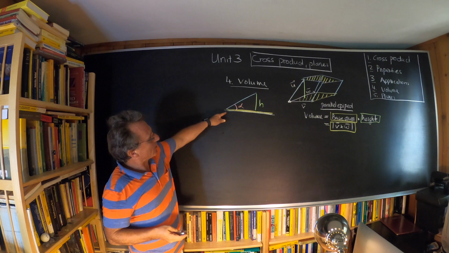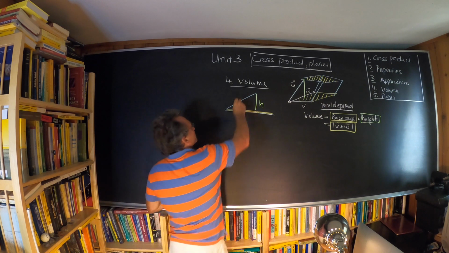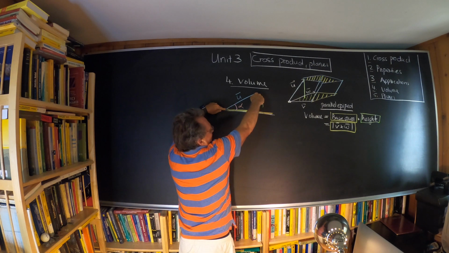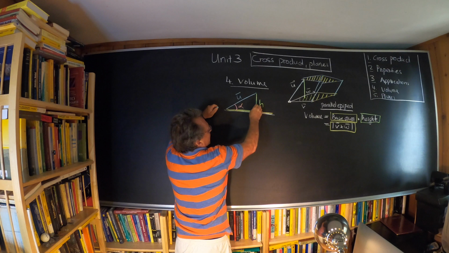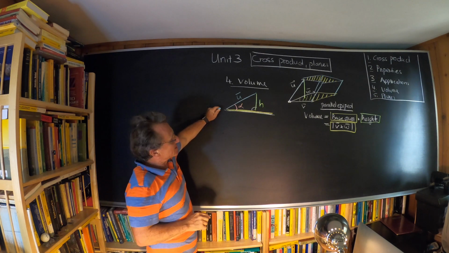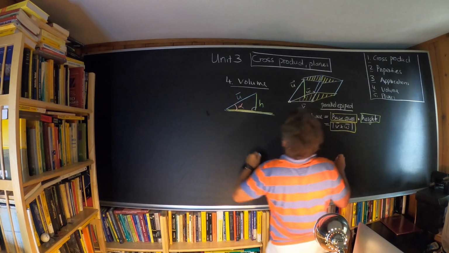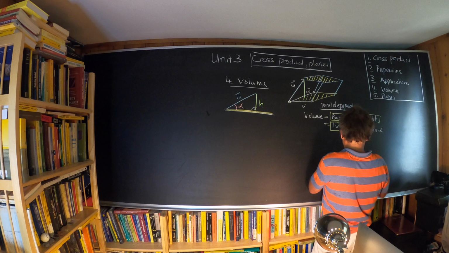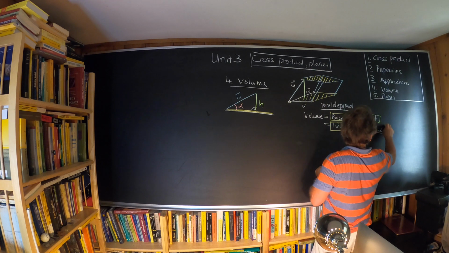We can read that off here. That's u. So it's the length of u times, now you have to think, what is this? If this is a right angle here, is it opposite or adjacent? And you see it's a sine alpha which comes in. So it is the length of u times the sine alpha.